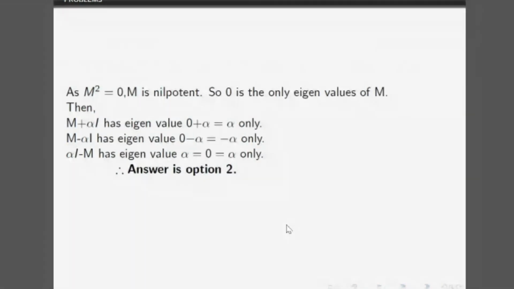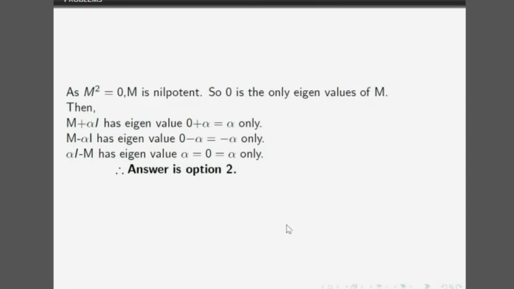We are given that M square is the 0 matrix, so M is nilpotent, and 0 can be the only eigenvalue of M. If lambda is an eigenvalue of M and we take a polynomial in M, then the eigenvalue corresponding to that polynomial in the matrix will be the same polynomial evaluated at that eigenvalue.